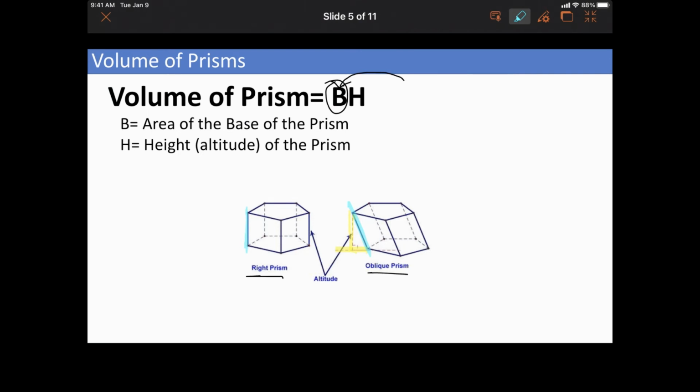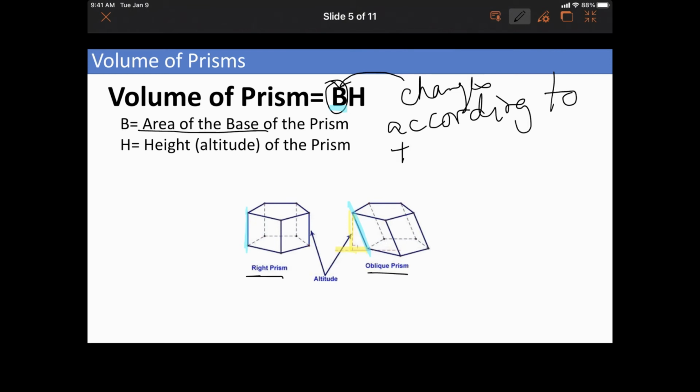Let's do a problem so you understand really how that capital B is going to change according to the shape of the base. The area of the base changes according to the type of prism. Okay.